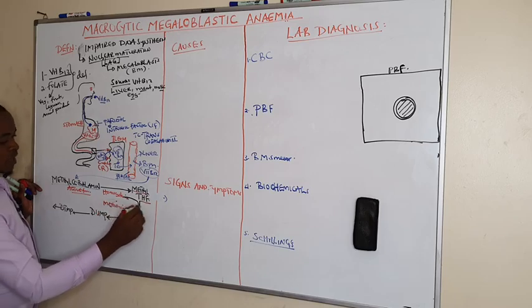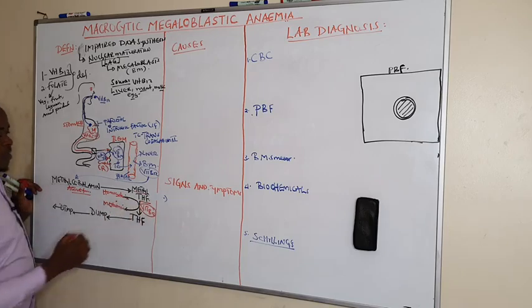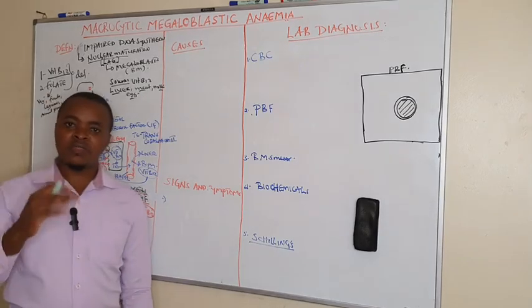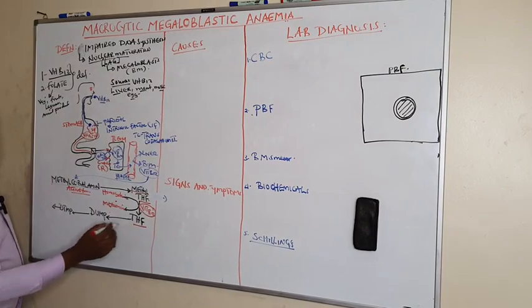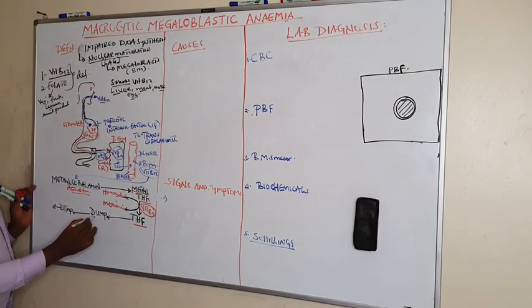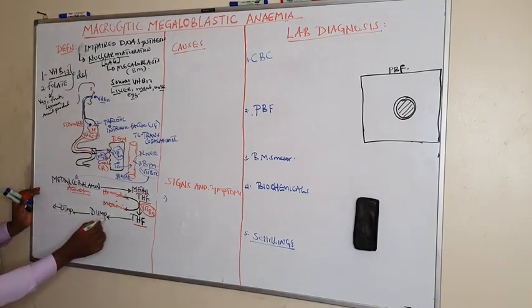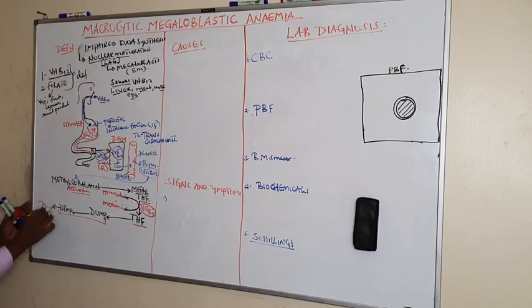And this reaction occurs in the presence of vitamin B12. So vitamin B12 is acting as a cofactor due to conversion of methyl tetrahydrofolate to tetrahydrofolate, which is a precursor for formation of deoxyuridine monophosphate and deoxythymidine monophosphate. And these ones together are the one that results into DNA synthesis.